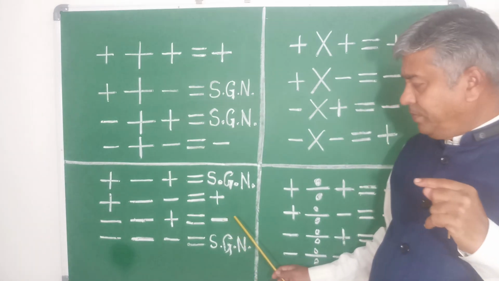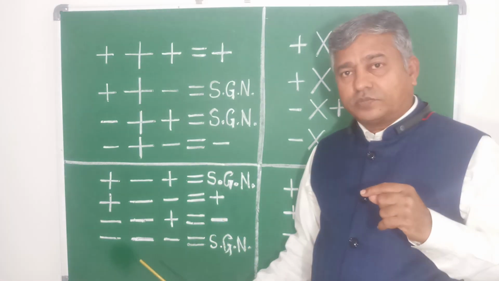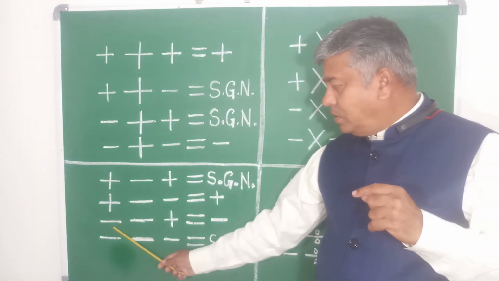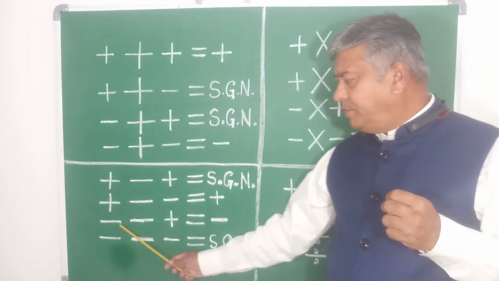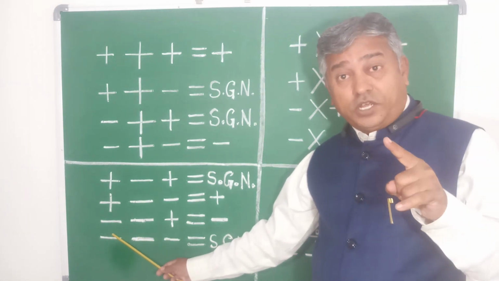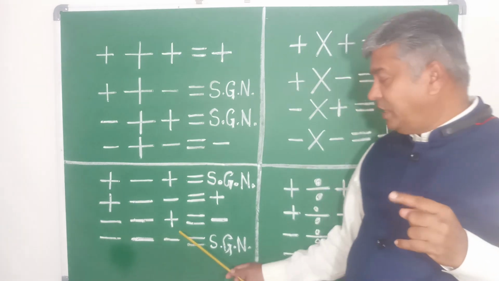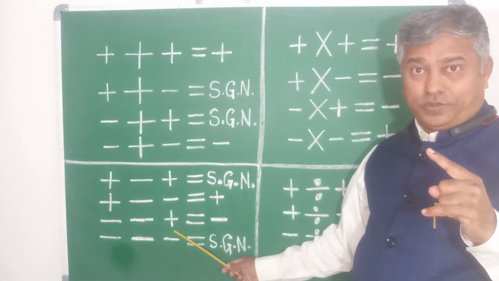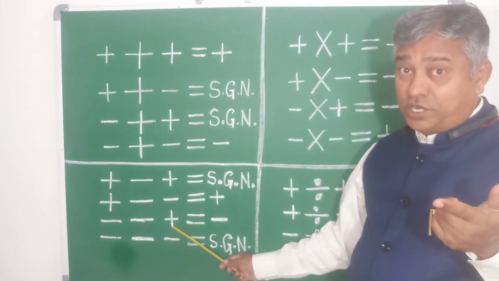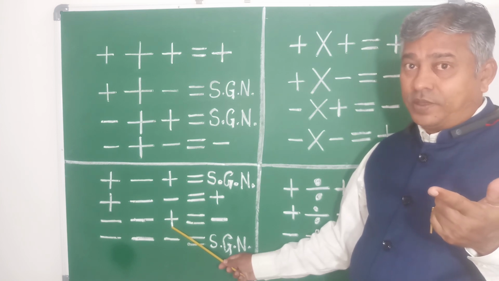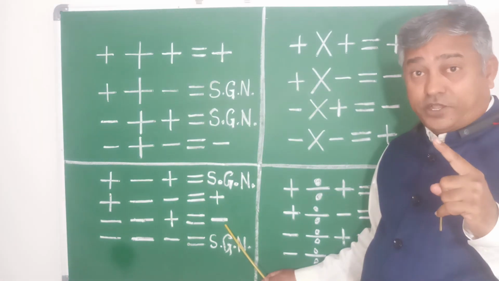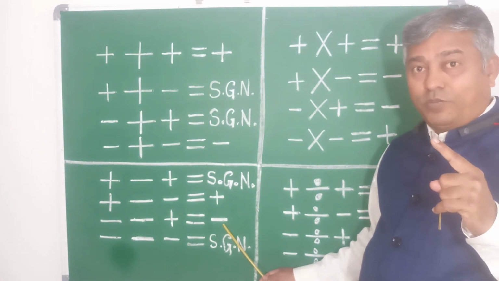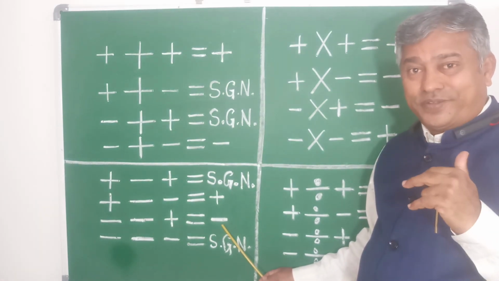In the same way, again here, in the third point, if the first is negative and the second is positive, then their subtraction becomes negative. But those should be added.